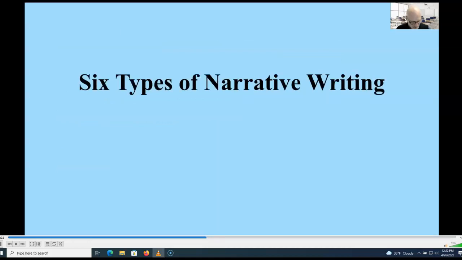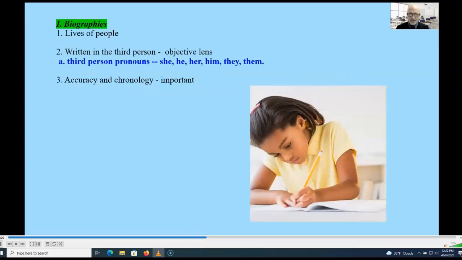Six types of narrative writing. The first type is biography, describing or narrating the lives of other people, often written in third person, usually involves some sort of research and accuracy and chronology. Things happening in a specific timeline are important here.